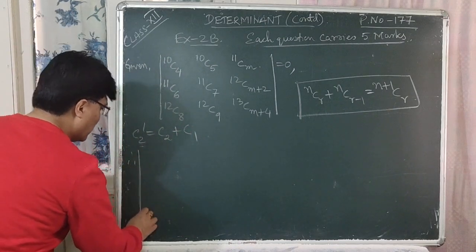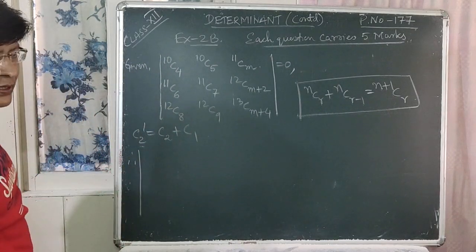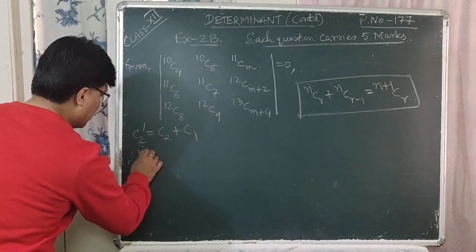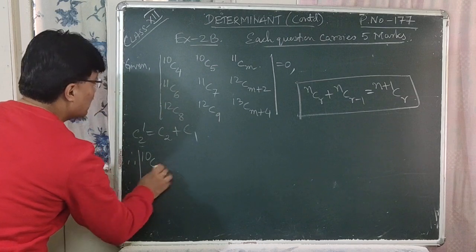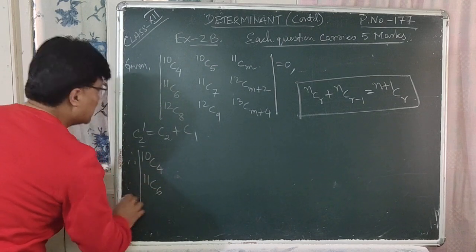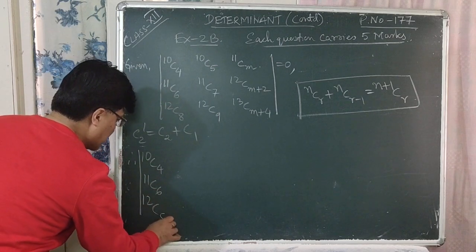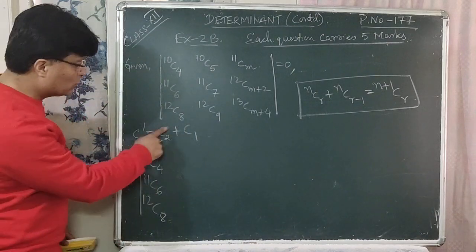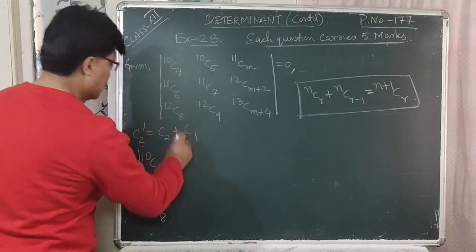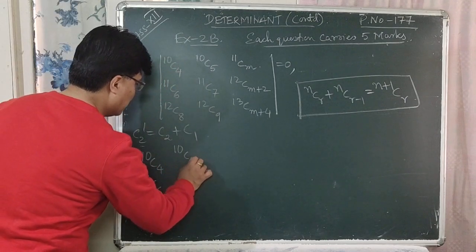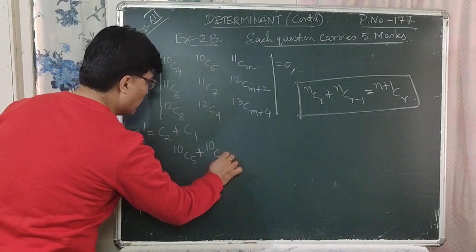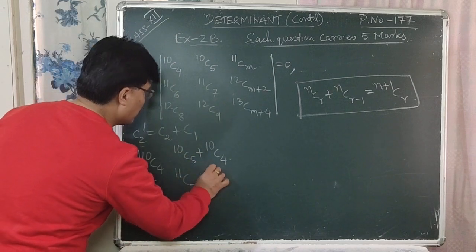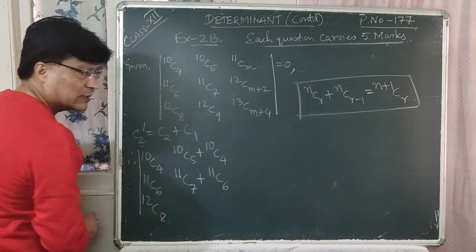So therefore, now this given determinant becomes: first column same, 10C4, 11C6, 12C8. Next, what is the new column 2? It is C2 plus C1, right? So it is 10C5 plus 10C4. Next, 11C7 plus 11C6.